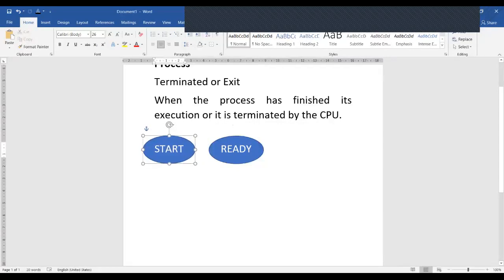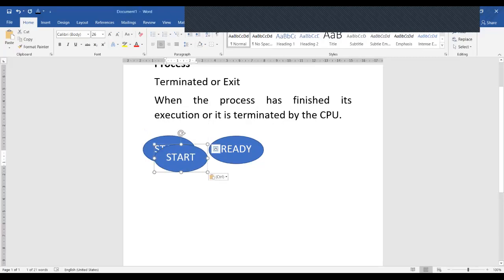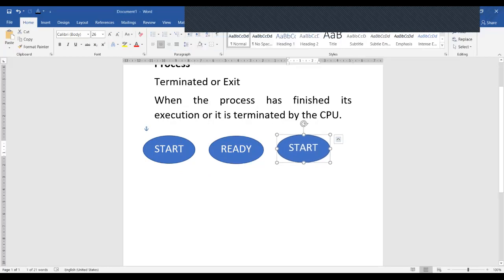Here we can see how the process changes its state from one to another. And the next one is running.